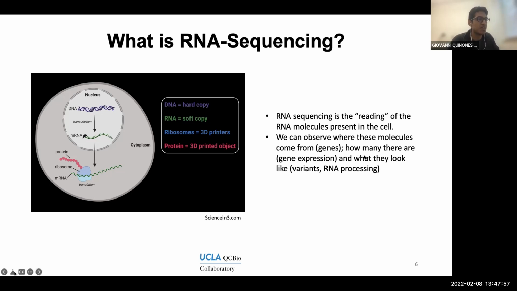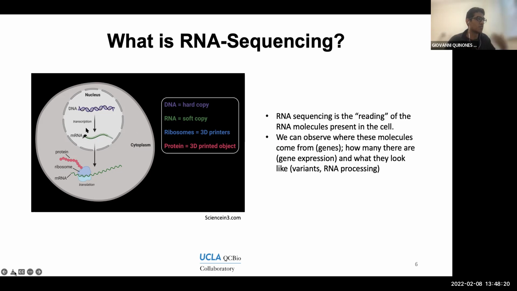And we can also see exactly what the RNA molecule looks like in comparison to the original DNA sequence, or in comparison to our reference sequence. And this is what we'll call the different variants that may be present, meaning the differences in sequence.